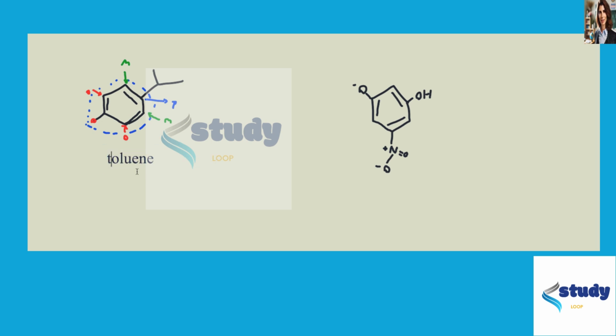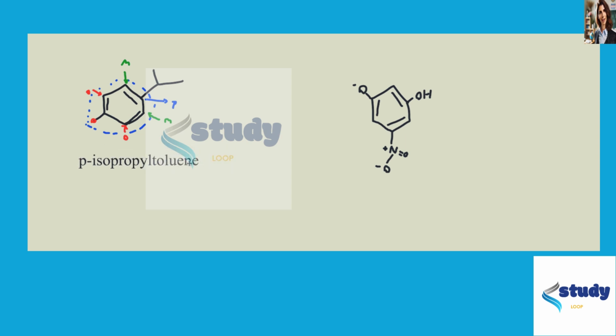So we have a para-substituted toluene, and what is this substituent? Well, it's 3 carbons, so it's a propyl group, but it is attached on carbon 2, so it's an isopropyl. So we have para-isopropyltoluene.